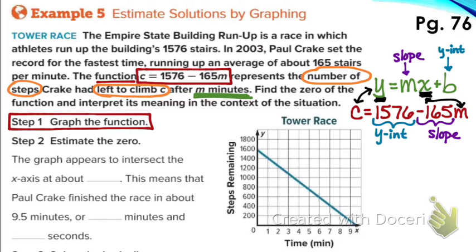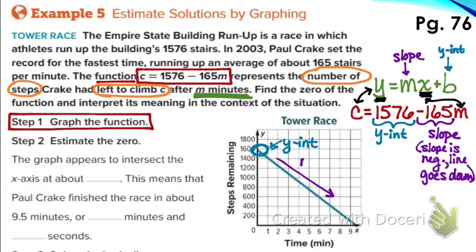If you look very closely, the line starts just below that. So here's our y-intercept. What's the slope again? Negative 165. Notice our slope is negative. And so my graph, my line, goes down. When I look at this from left to right, if I have a negative slope, my line is going down.